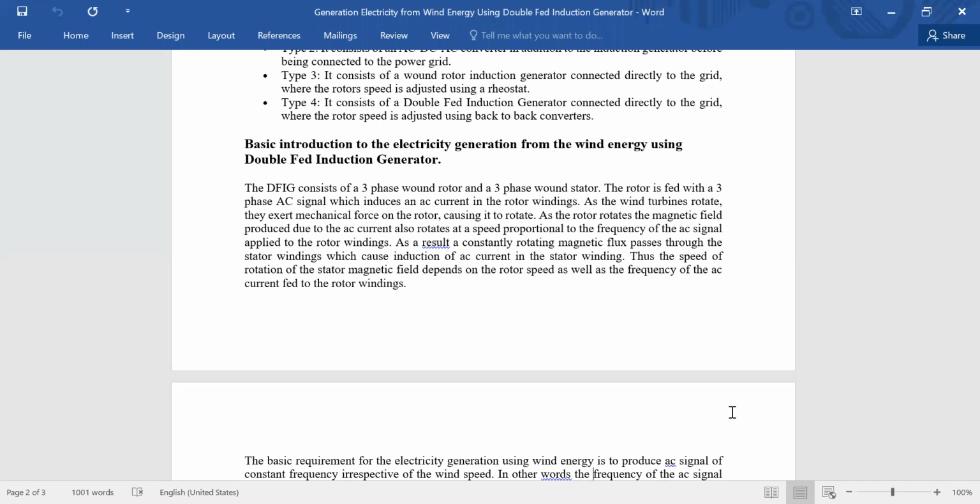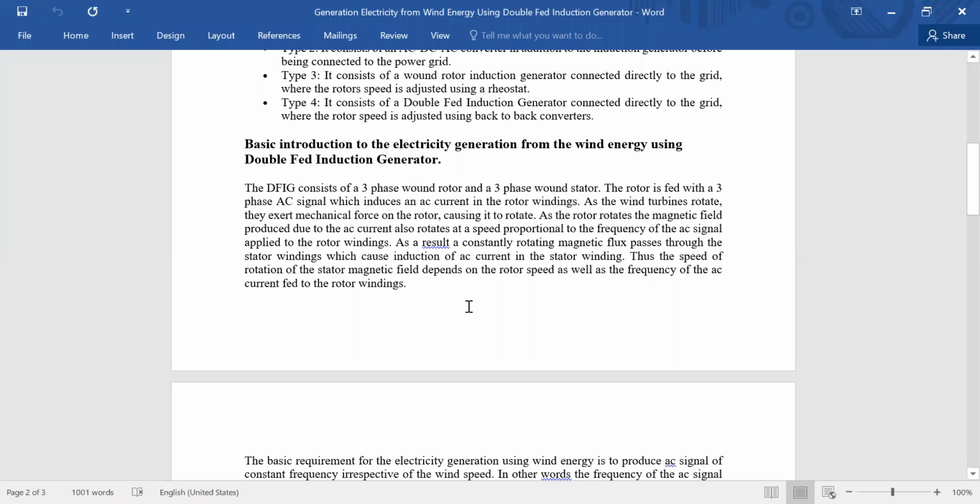Now the rotor is rotating, and the magnetic field that is produced by the AC current will also rotate at a speed corresponding to the frequency of the AC we are applying to the rotor winding.